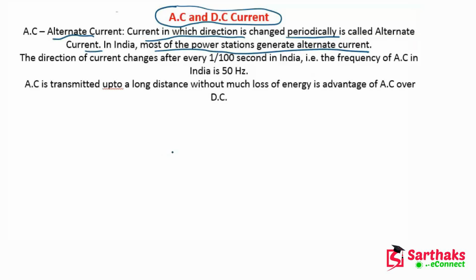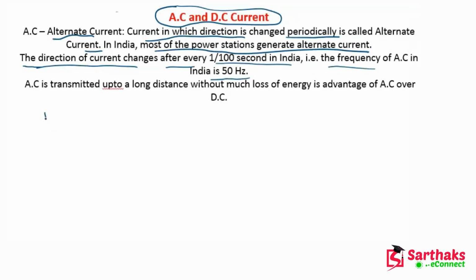There are lots of appliances which work on AC. Let's talk about some other facts about AC. The direction of current changes after every 1/100 second in India. The frequency of AC in India is 50 Hz.